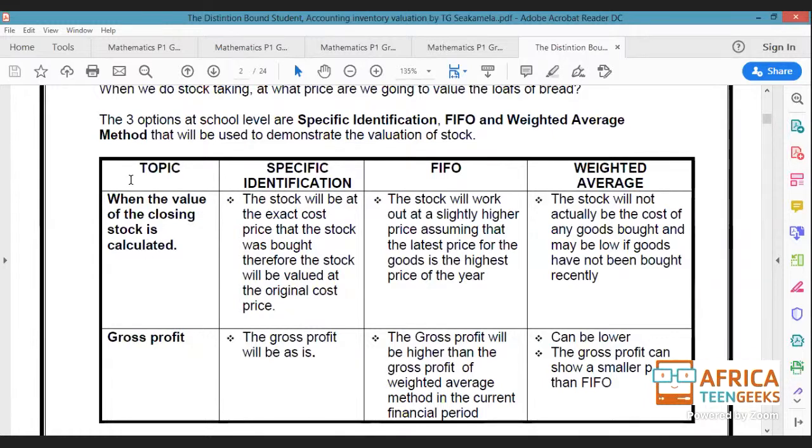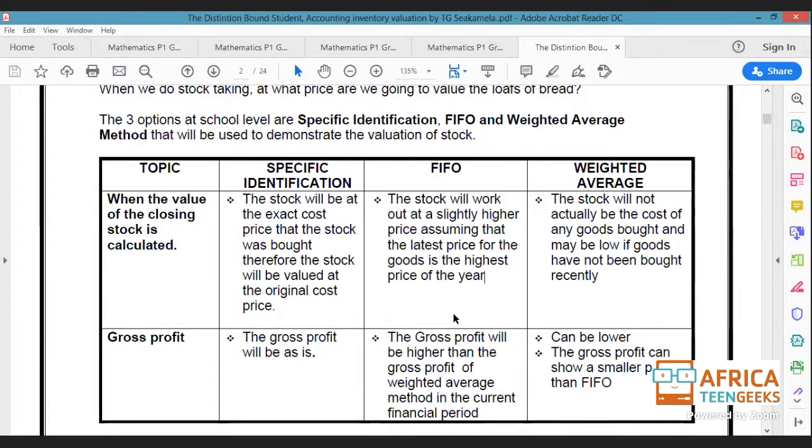So you must know that, okay, for FIFO, the value of closing stock, now we're under FIFO, remember? We'll calculate the value of the closing stock. The stock will work out at a slightly higher price, assuming that the latest price for the goods is the highest price for the year.